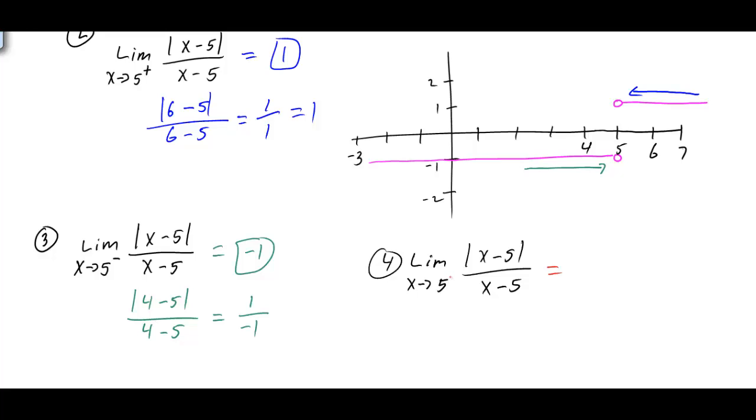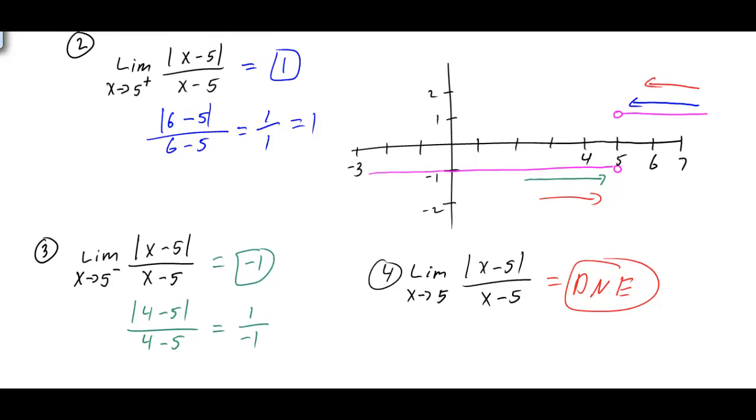Well, there's nothing up here to tell us left or right, so that tells us this is a two-sided limit. So that means we're looking from the left and the right, and we know that from the left we have a negative 1, from the right we have a positive 1, so for the two-sided limit, the limit simply does not exist, and that's because we're approaching two different values.